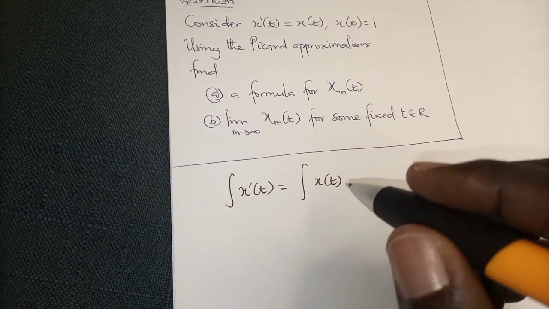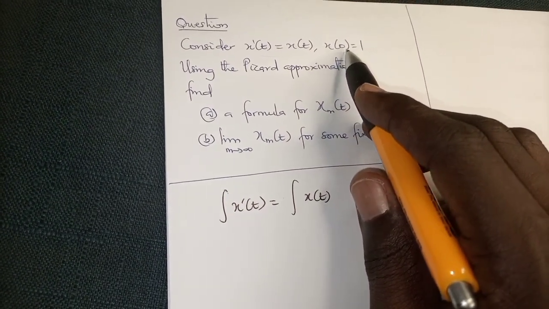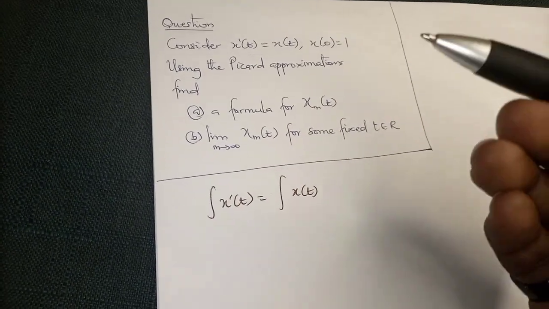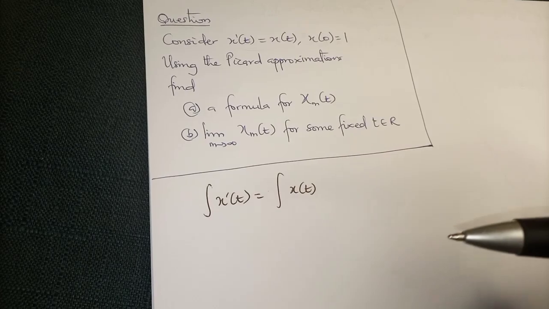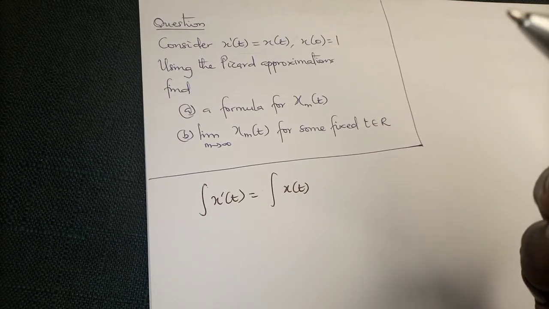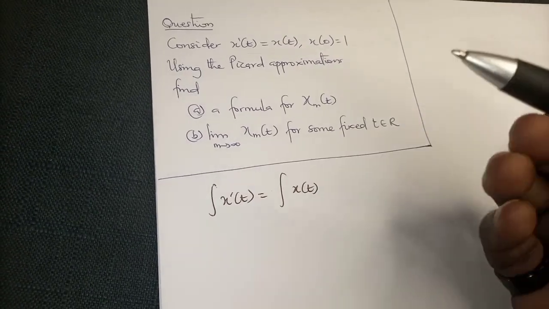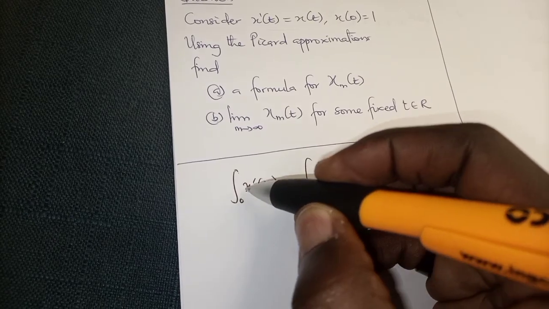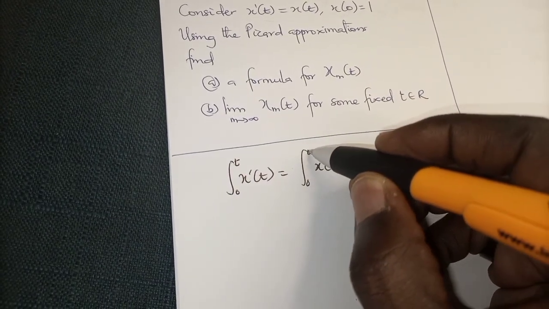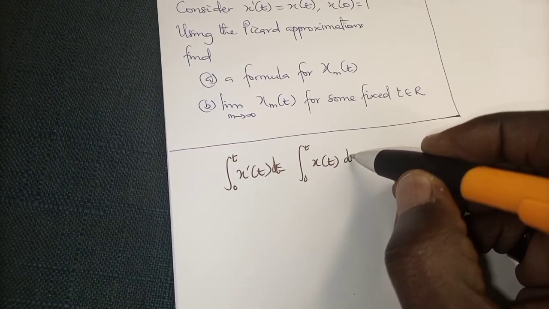Now, the initial value given to us is from 0, so it will be from 0 to a certain value on the t axis. Since we do not know the upper limit, we assume it will be t. So we have 0, which is given to us, and t. We have the same thing here, 0 and t, so we can use dt here.